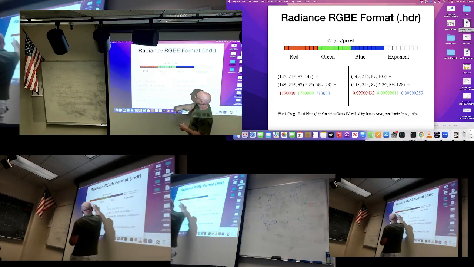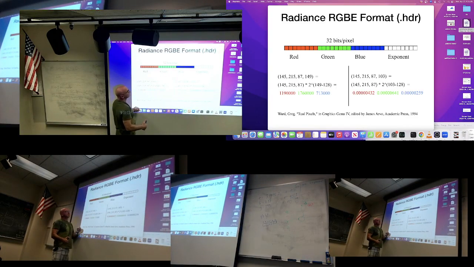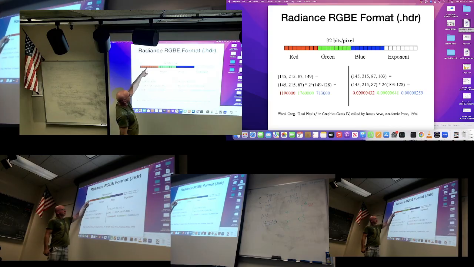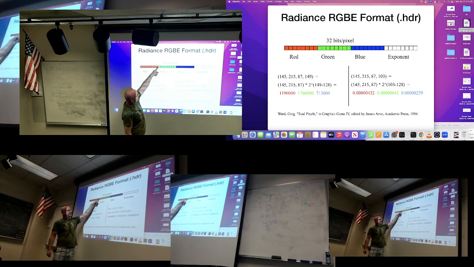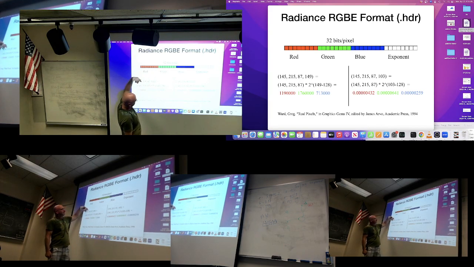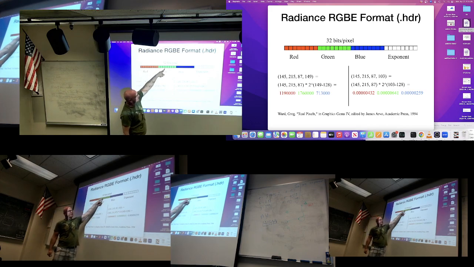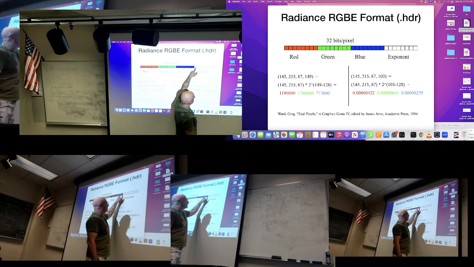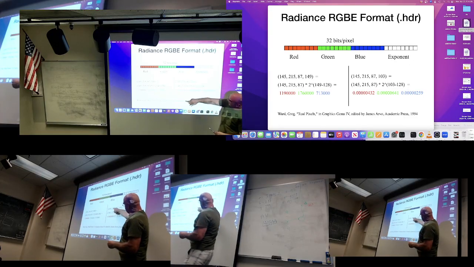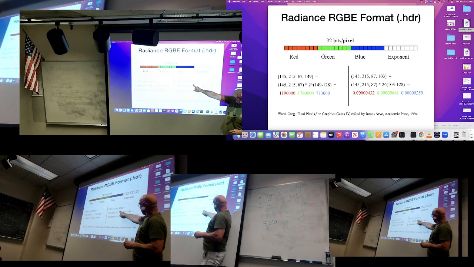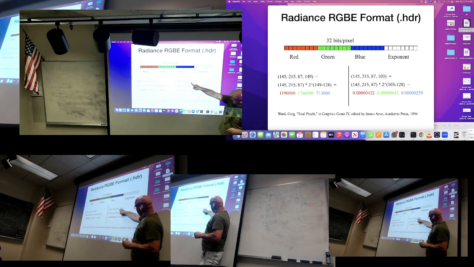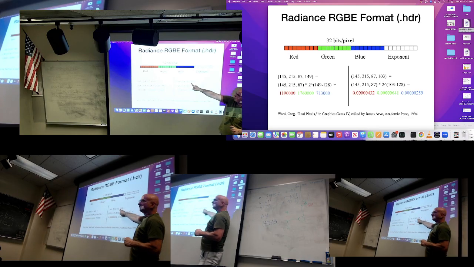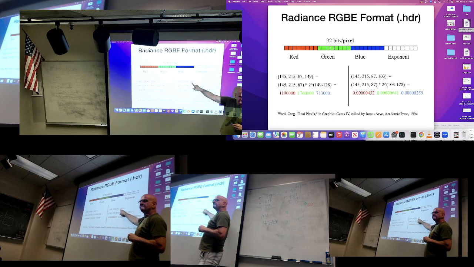Now the pixel, represented as 32 bits, would consist of 8 bits for the red, 8 bits for the green, 8 bits for the blue, except that each such number you need to take times 2 to the power of 103. That is, the exponent is common to all of them.